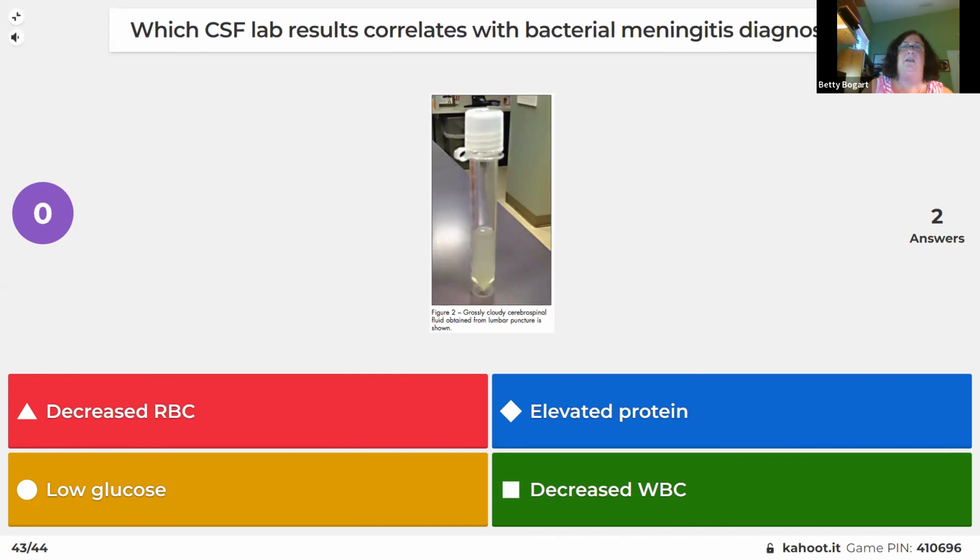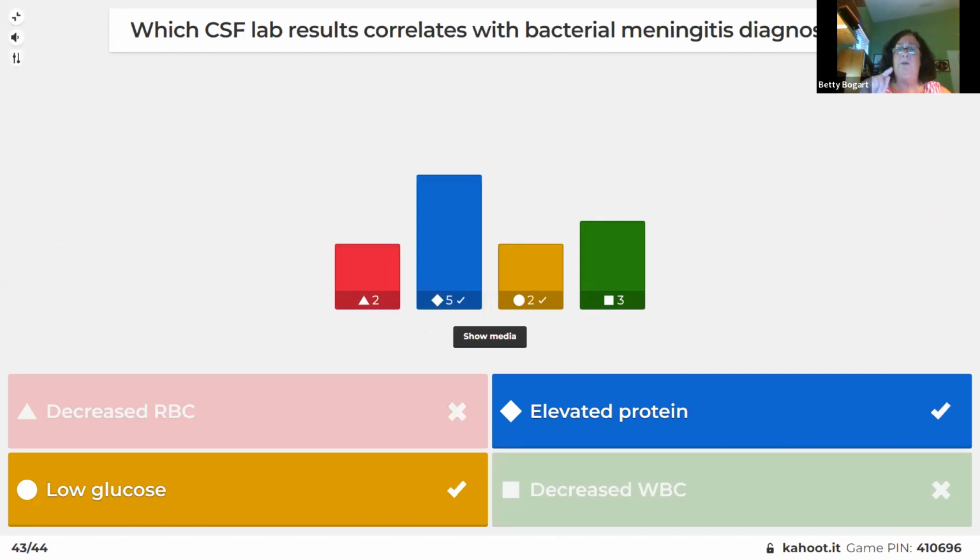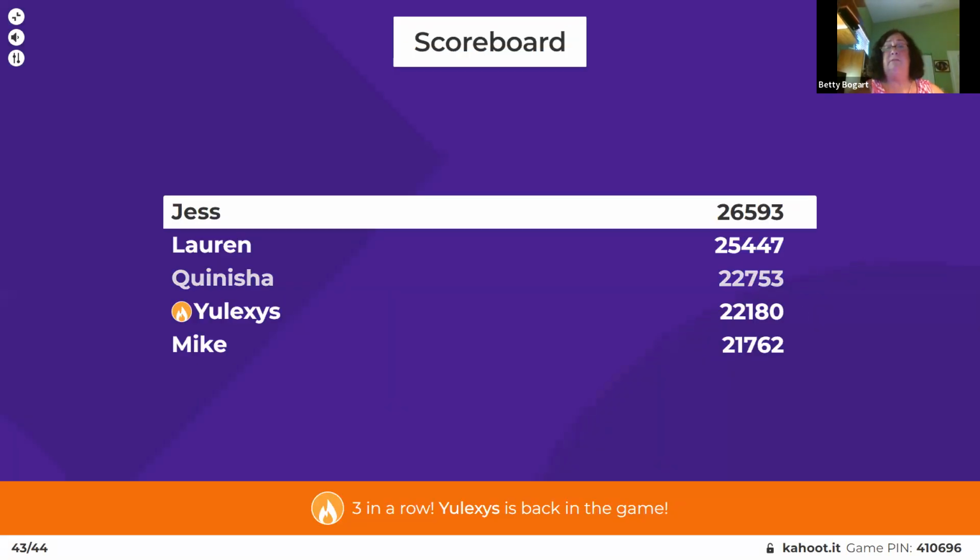So we will see, number one, an elevated white count because this is bacterial. That white stuff is all those white cells. We're going to see that bacteria love sugar, so the sugar is going to be low because it eats it up. And then the protein will be elevated. So it could be increased white blood cells, not decreased.